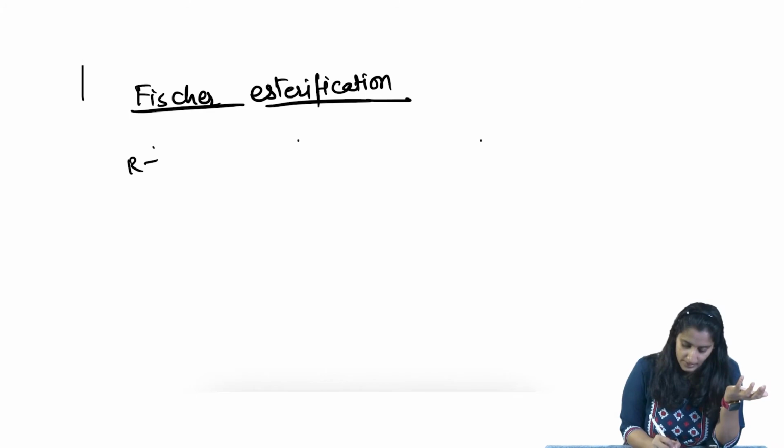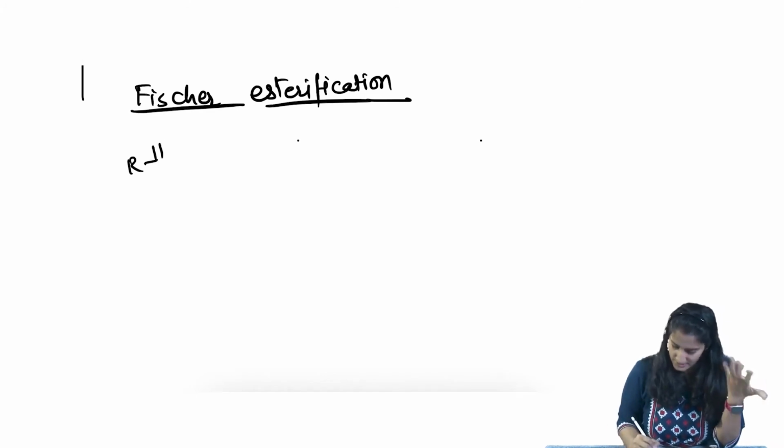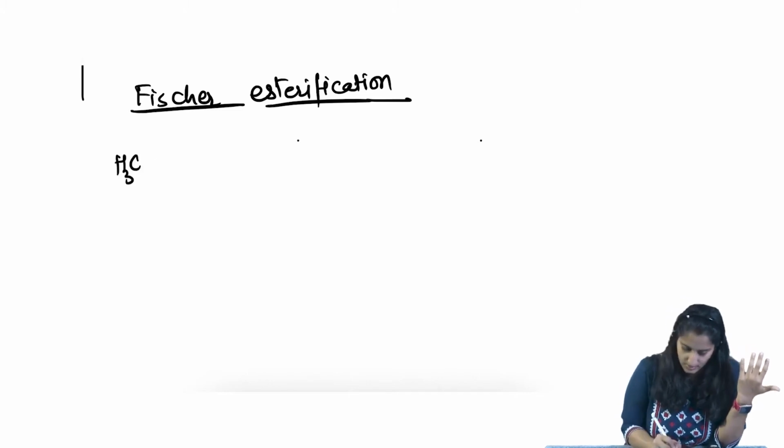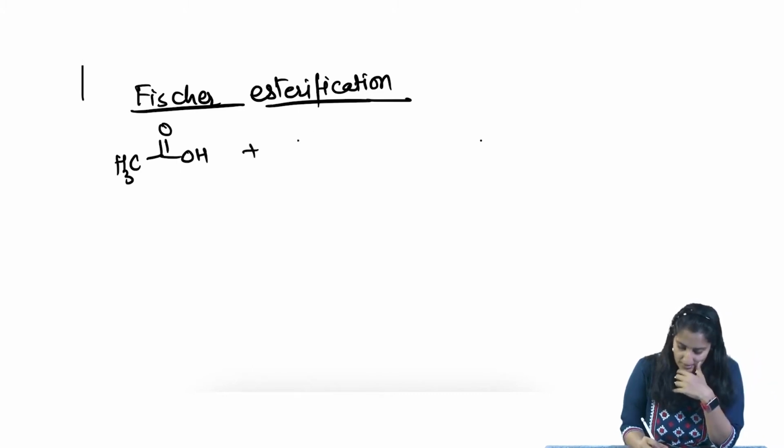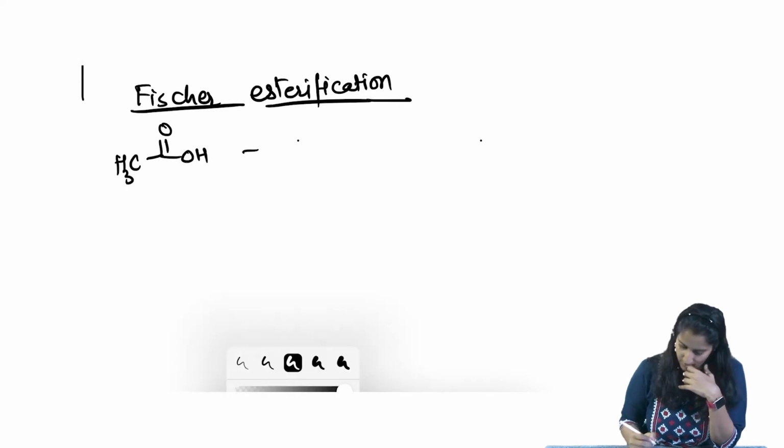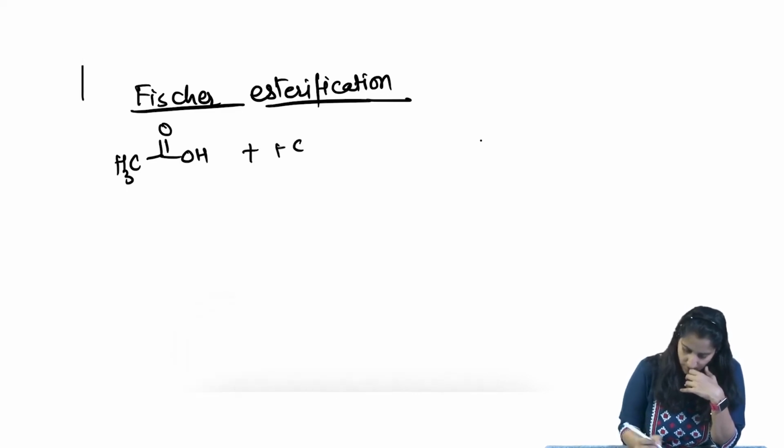So, we are going to start with a generic acid. Instead of generic, let us take a particular example. So, let me start with acetic acid, and let us start with ethanol.